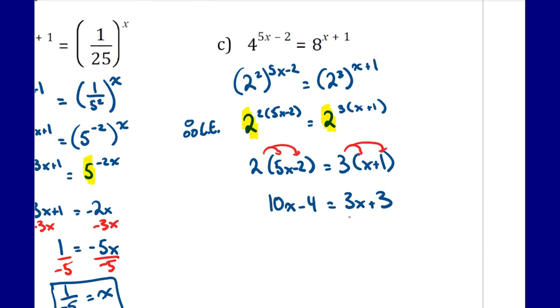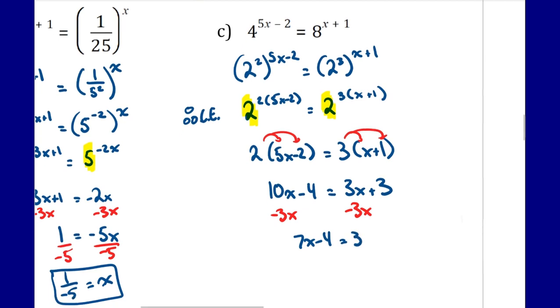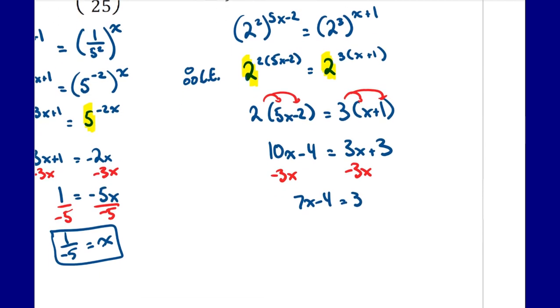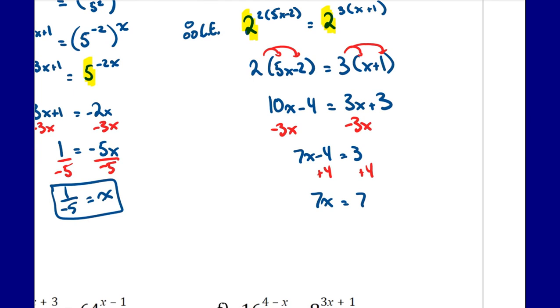It's minus 3x from one side, minus 3x from the other. 7x minus 4 is equal to 3. Add 4 to both sides. It's 7x is equal to 7. Lastly, divide both sides by 7. We get x is equal to 1.